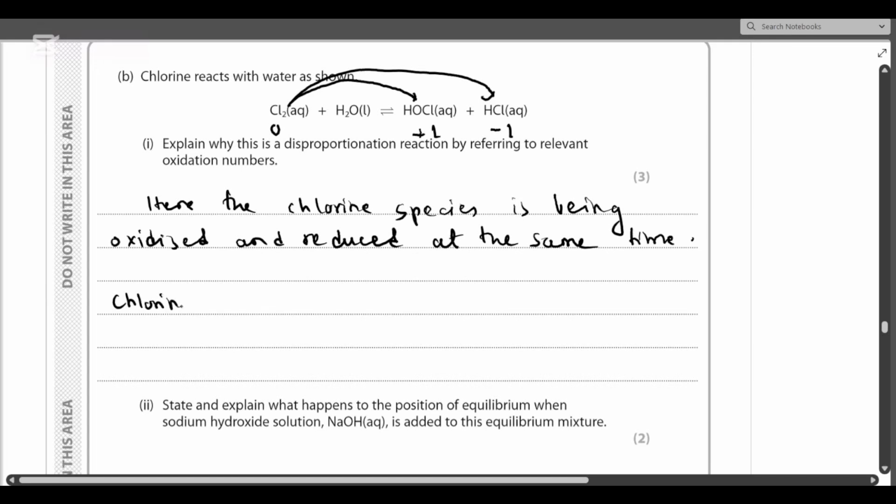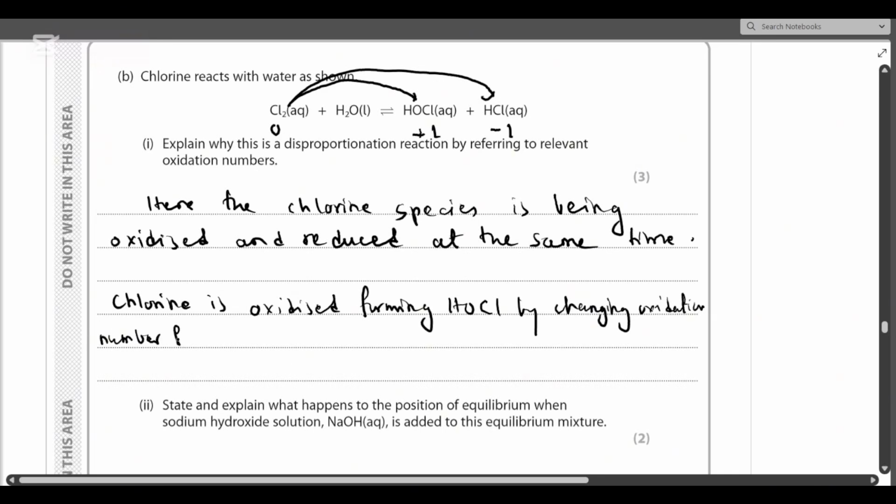So you can see chlorine is oxidized, forming HOCl by changing oxidation number from 0 to +1.